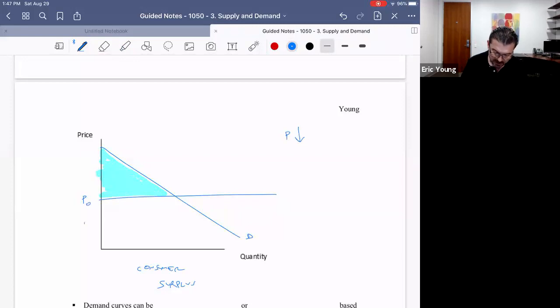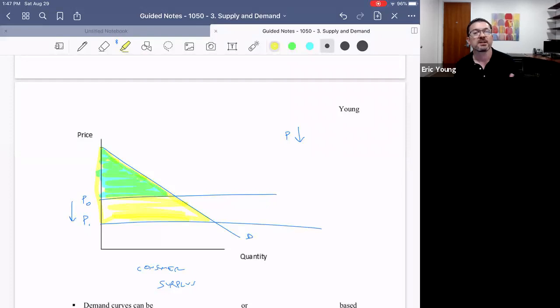We'll call this P0. And let's say that prices fall to a new price called P1. We draw the new price. And if you notice here, the consumer surplus will now have increased to this area. So when prices fall, consumer surpluses increase, which makes sense because the law of demand suggests that falling prices benefit consumers. So there you go.